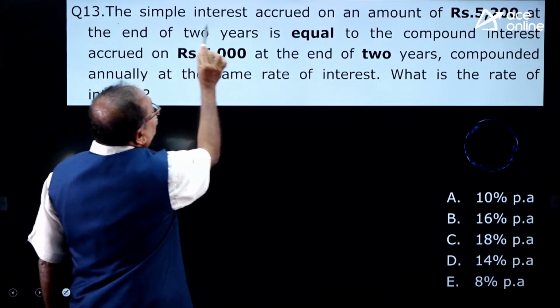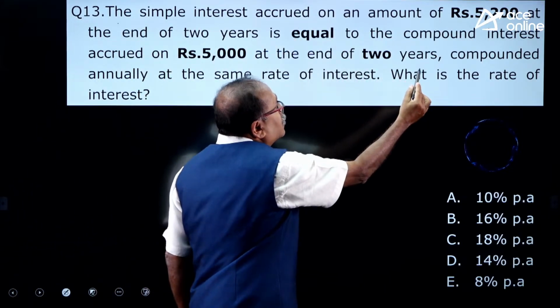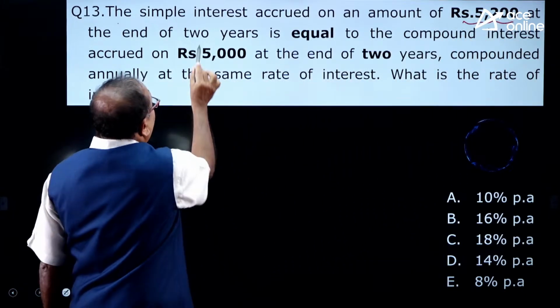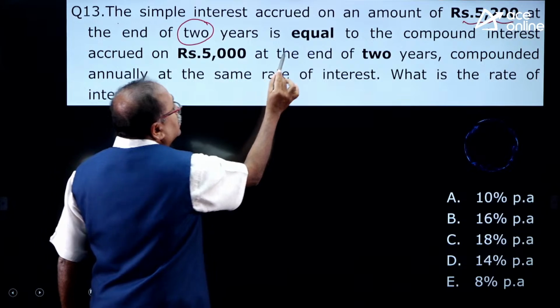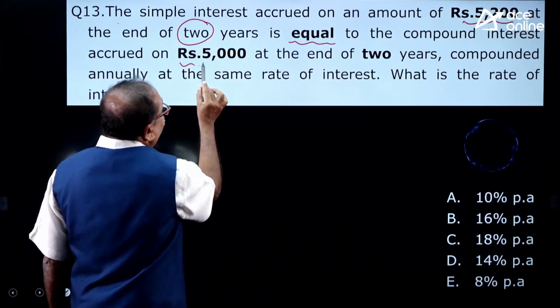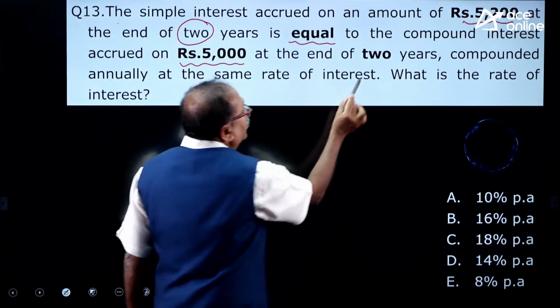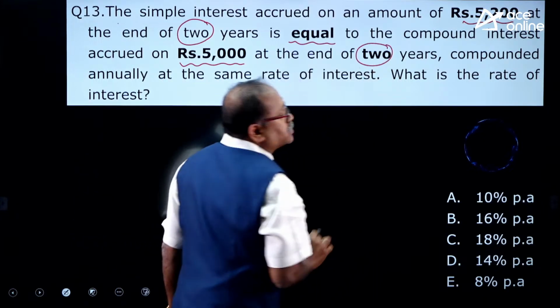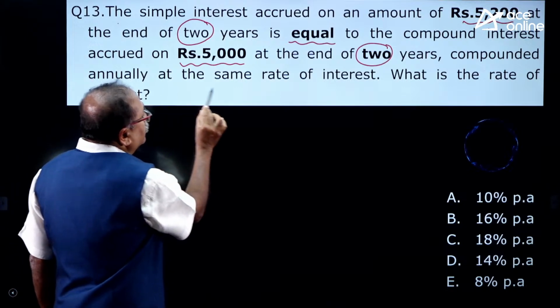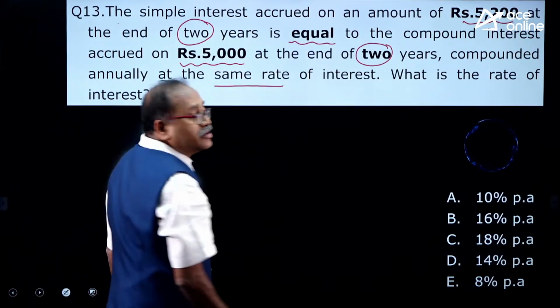The simple interest acquired on an amount of rupees 5,200 at the end of 2 years is equal to the compound interest acquired on rupees 5,000 at the end of 2 years, compounded annually at the same rate.